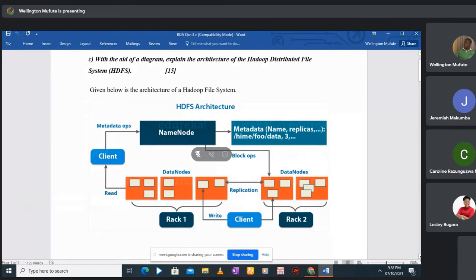Good evening, everyone. I'm presenting on question 3C, which is explaining the architecture of the Hadoop distributed file system with the aid of a diagram. So we can see the diagram which is beamed on the screen there.